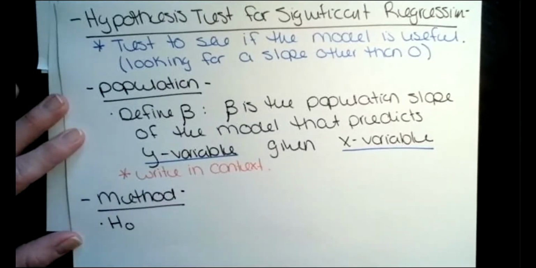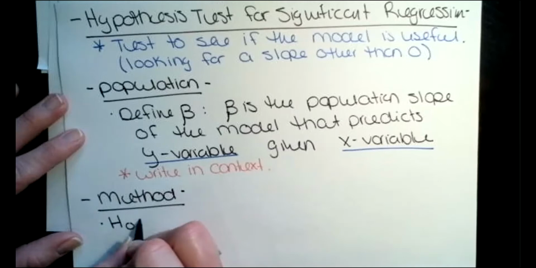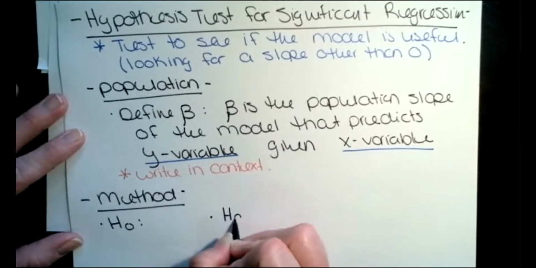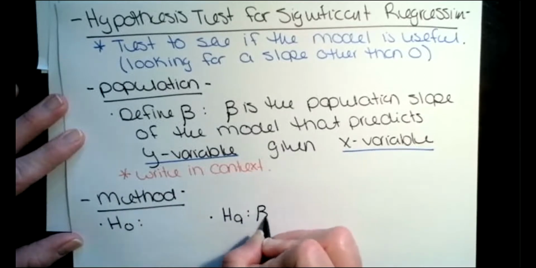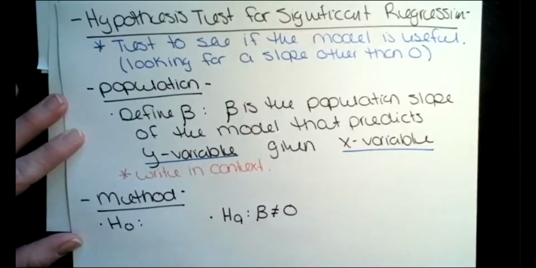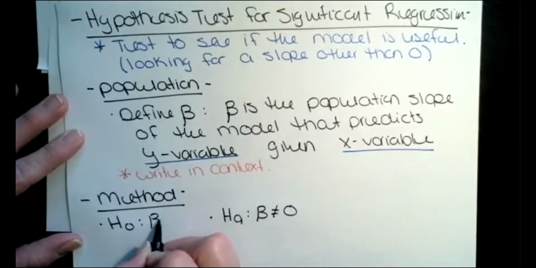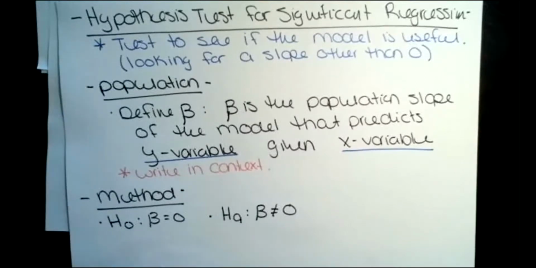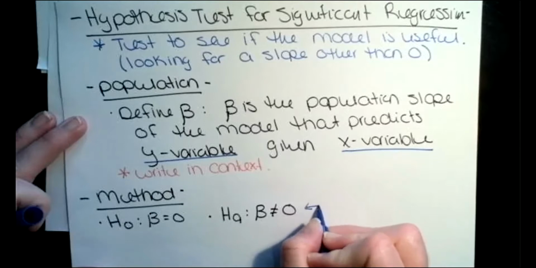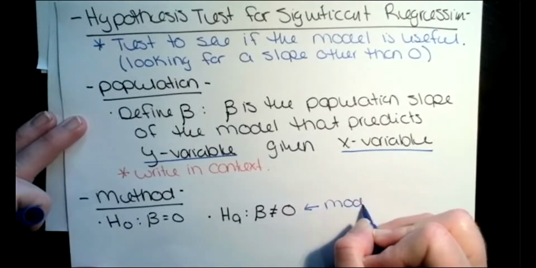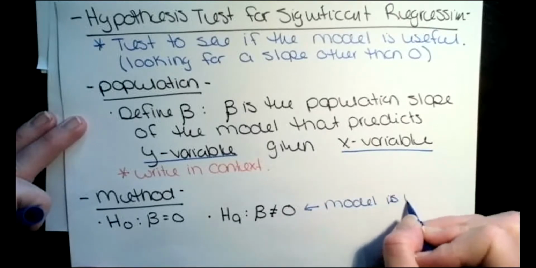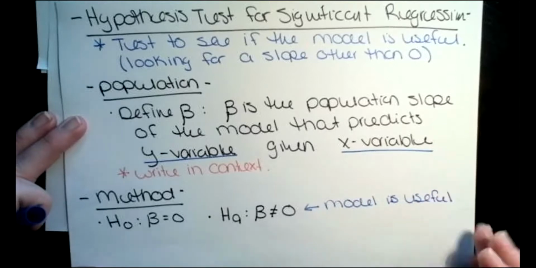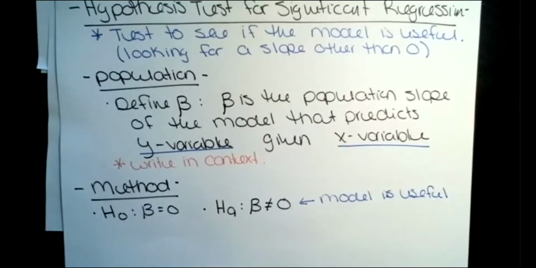We're studying a beta that's 0, and we want to show that it's different from 0. So remember, our HA is always what we want to show, right? So our HA is going to be beta is not equal to 0, and that leaves my null that beta is equal to 0. So when beta is not equal to 0, this means it is useful. Okay. And that's what we're looking for.